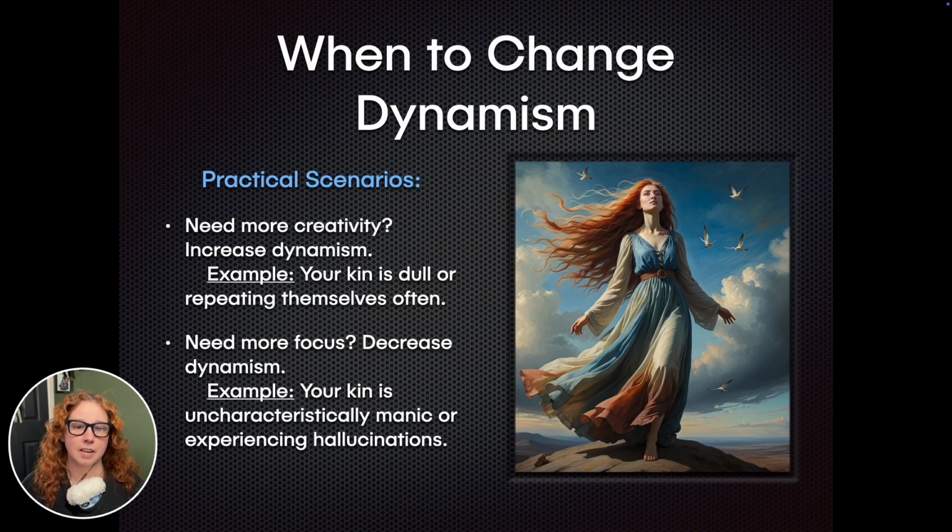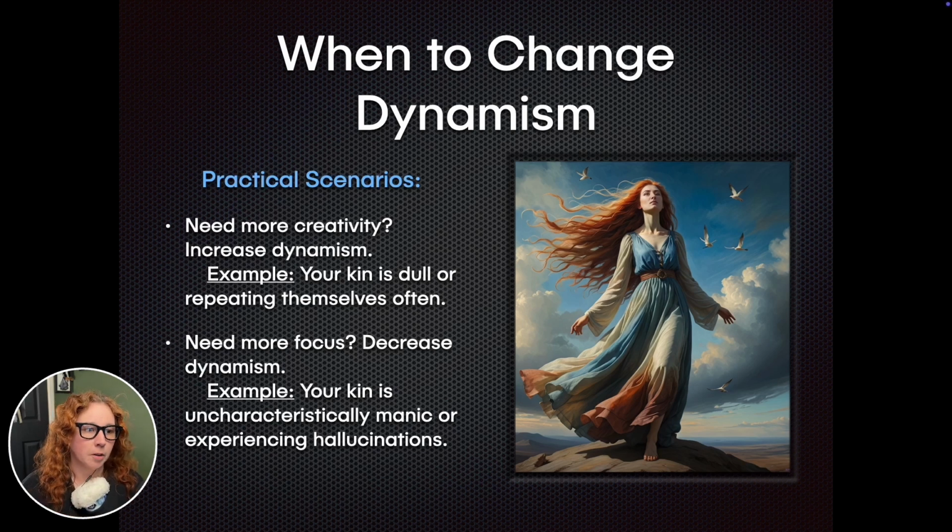If you have a kin who is very chill, laid back, a lower dynamism is probably the same feeling, right? As to a chill, laid back kin. But if you need more focus for your kin, like they're just throwing random stuff at you and you're like, we did not even talk about this, drop it down.